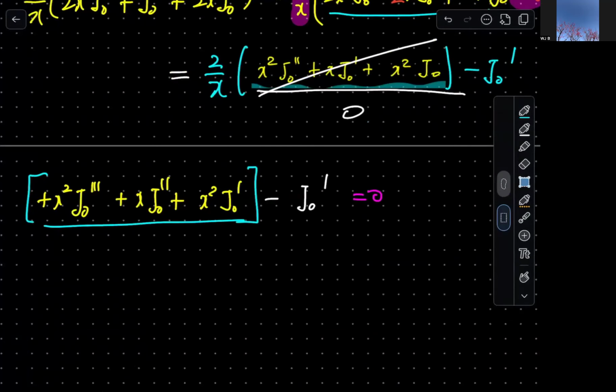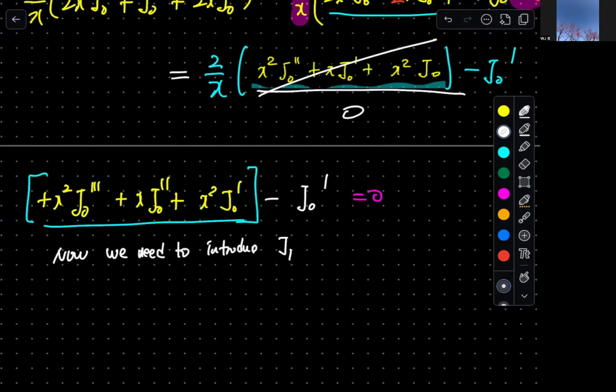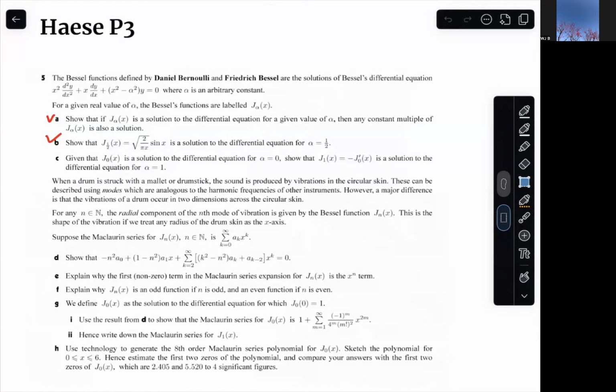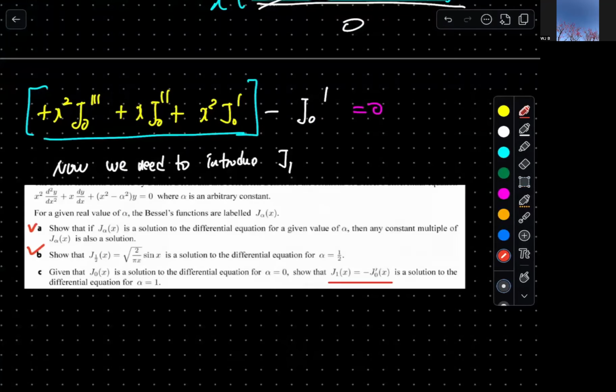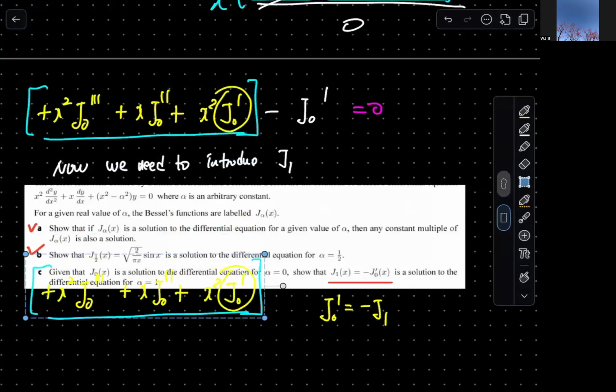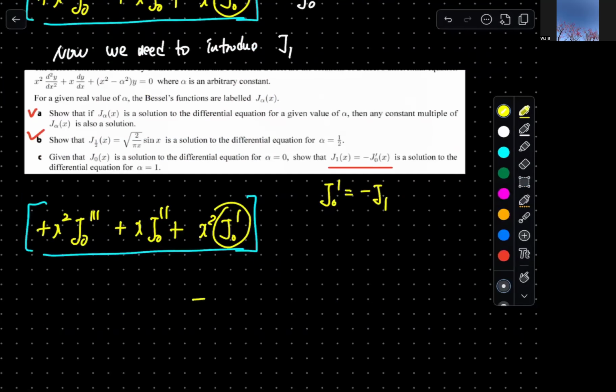Now I need to introduce J1, because we wanted to show that J1 is also a solution, given that it is the negative derivative. So J1 is the negative first derivative. J naught prime will be negative J1, so the first three terms will be converted into negative x squared J1.